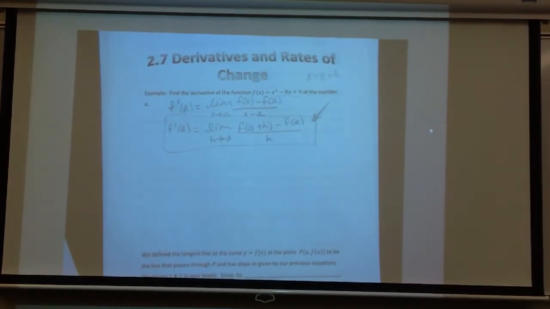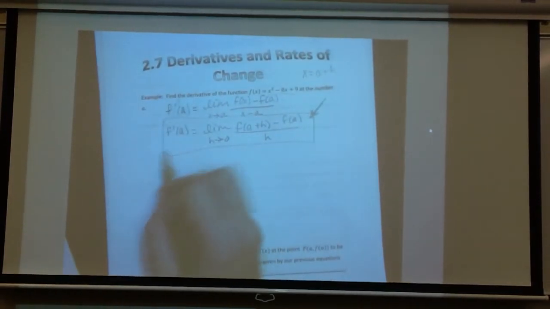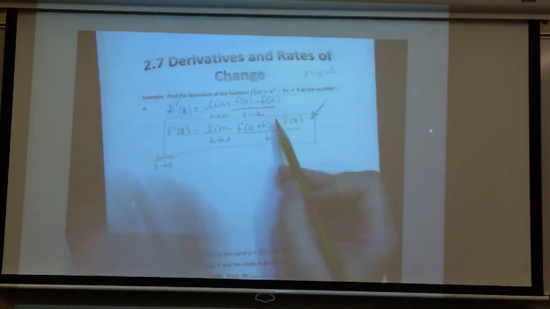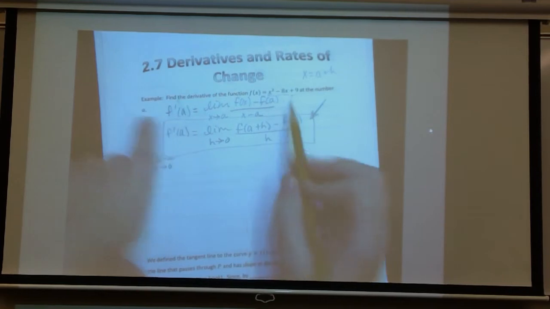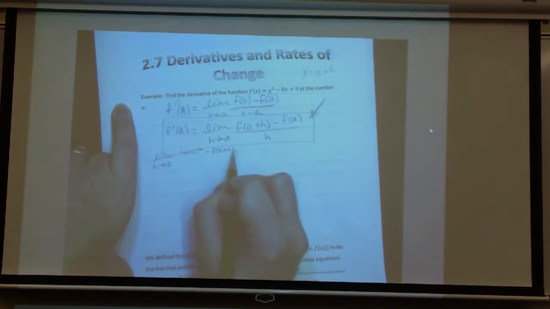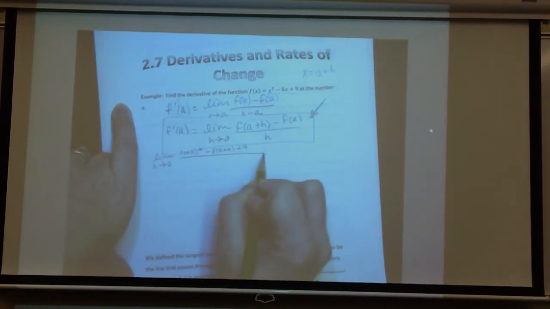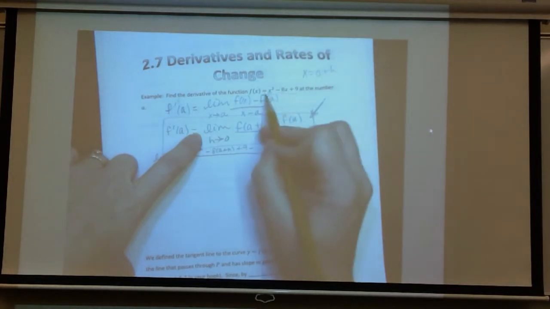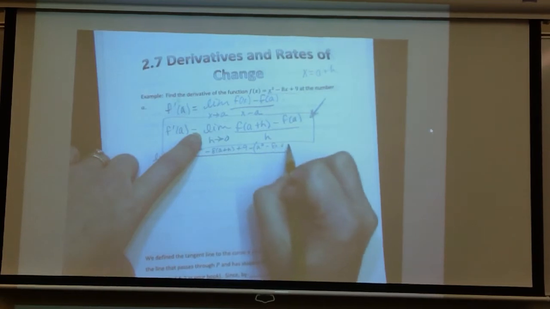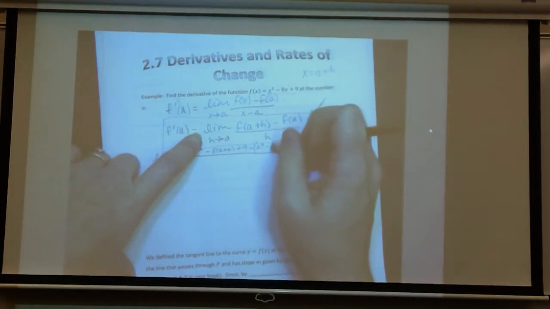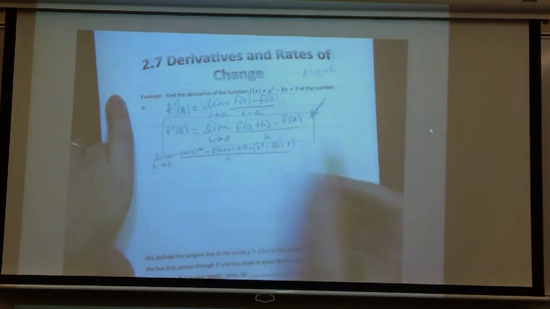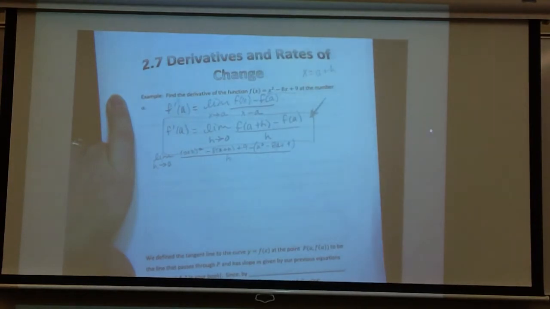Okay, so we do our good old fashioned pre-calculus. Everywhere we see an x, we put an a plus h. Okay, f of a, everywhere we see an x, we put an a. Don't forget our parentheses, because we'll lose a negative here. Oops, that's supposed to be an a. Dang it.